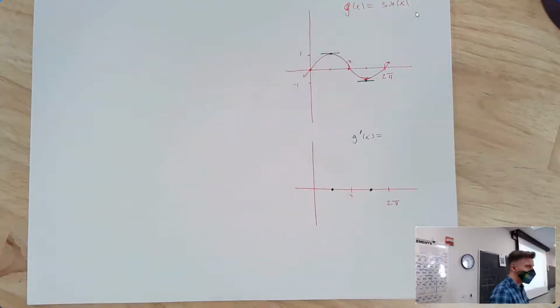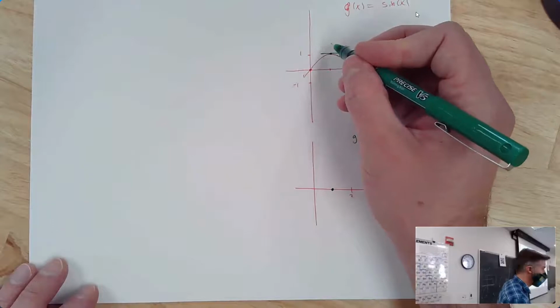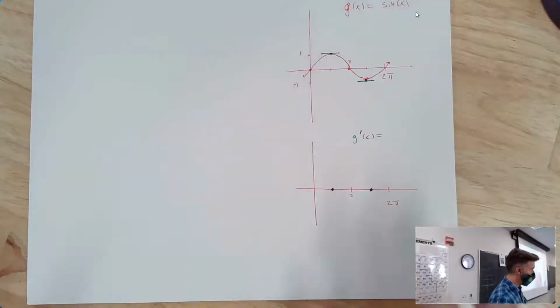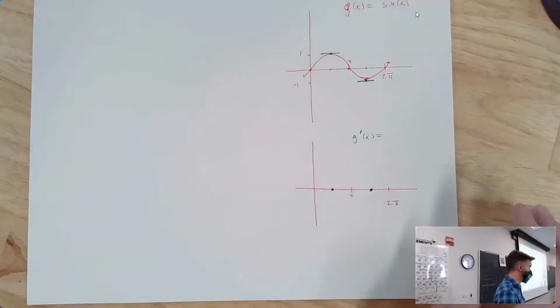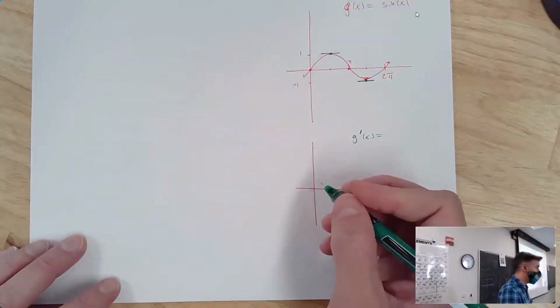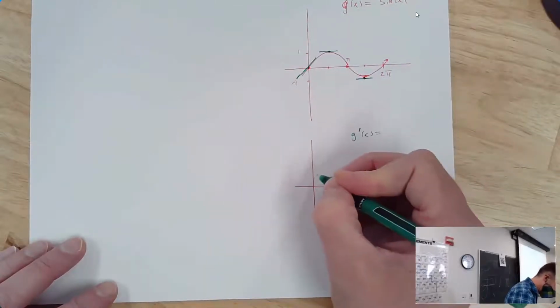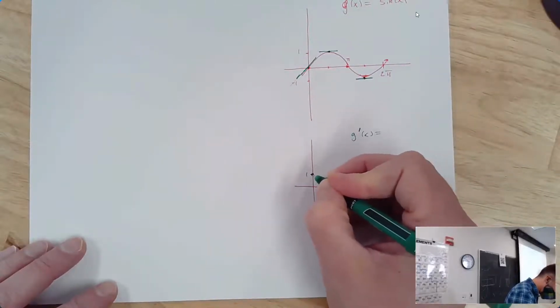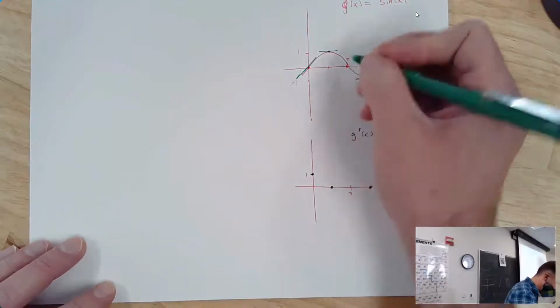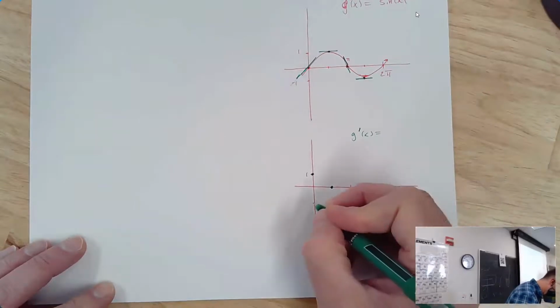Now at 0, the function has a positive slope. It's probably not a huge stretch to guess that the tangent line there looks like the line y = x, which has a slope of 1. So right here, the slope of the tangent line is 1. And right here, the slope of the tangent line is -1.